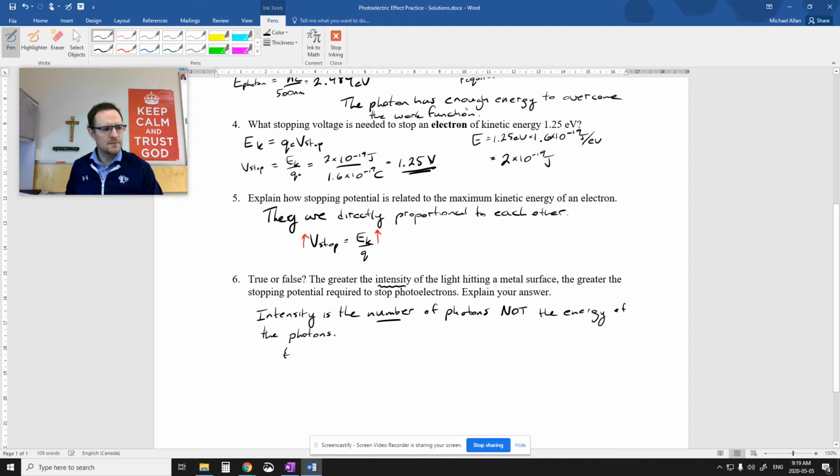So therefore, the photoelectrons, what's called photoemissions, will not have greater energy.